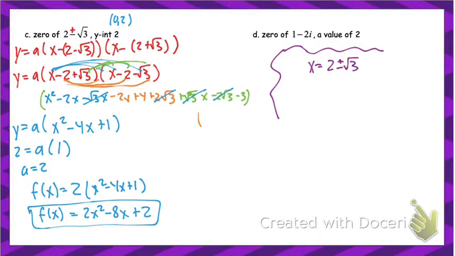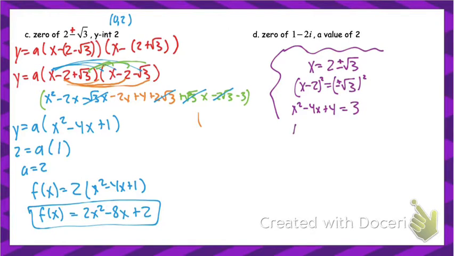So then the way that I can write that quadratic, let's just rearrange this. I'll do x minus 2 equals plus or minus root 3. Now I'm going to go ahead and square both sides. So I'm left with x squared minus 4x plus 4. And that plus or minus root 3 doesn't matter. If I square it, I'm going to end up with 3.